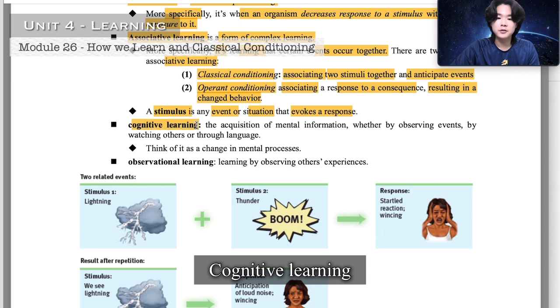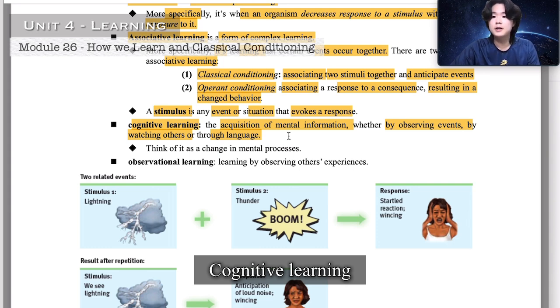And cognitive learning is the acquisition of mental information, whether by observing events or by watching others or through language. So cognitive learning is, for example, you observe your dad shaving every day. And when you become an adult, like for boys, when you have some hair appearing on your face, then you learn how to shave your mustache, right?